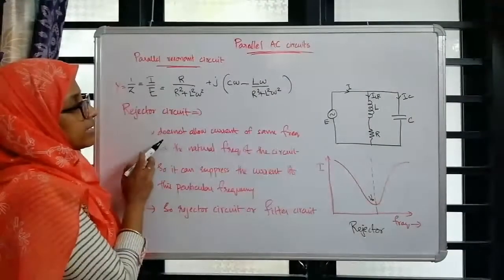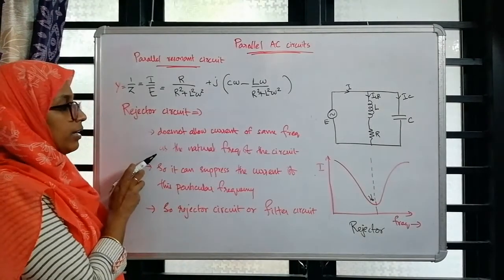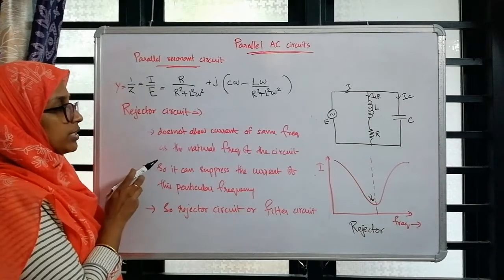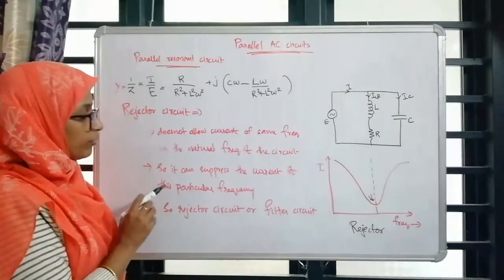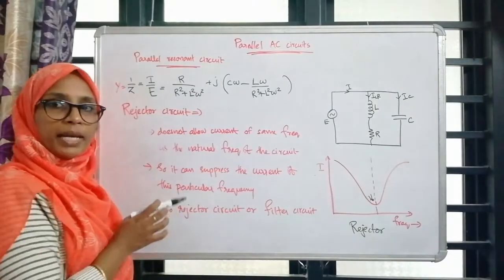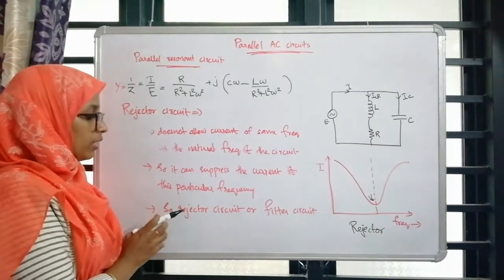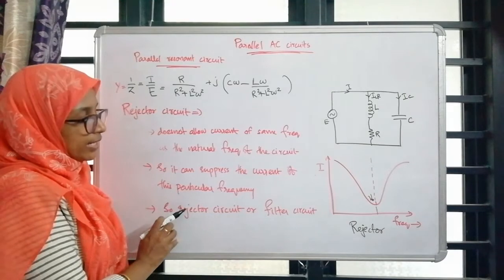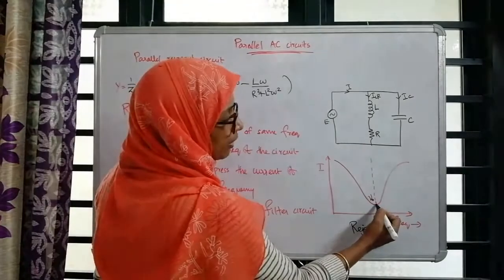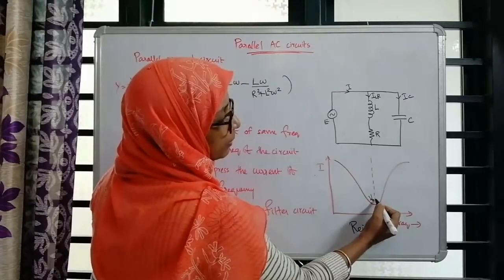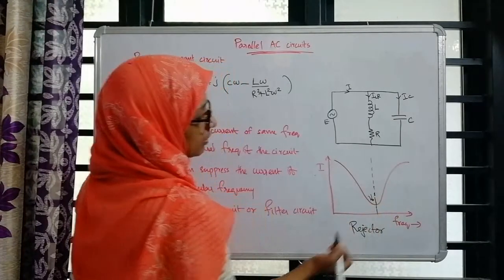That is, it does not allow the current of same frequency as that of the natural frequency of the circuit, and so it can suppress the current of this particular frequency out of many frequencies that reaches. So, it is also known as the rejector circuit or filter circuit. At that particular frequency, it blocks that particular current, or gives minimum current.